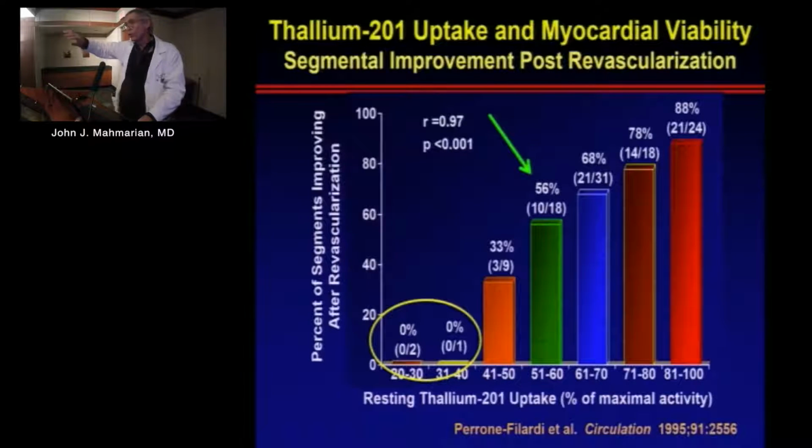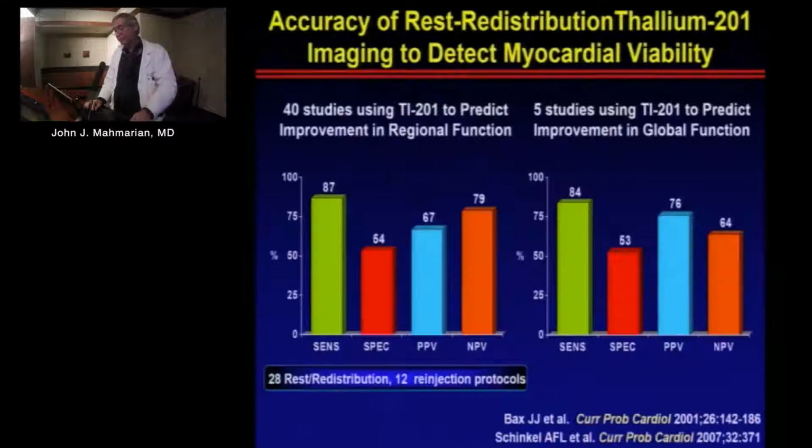As you go up the spectrum to 50, 60, 70, 80% of normal count activity, you lose sensitivity because you'll miss people who are viable, but you'll gain specificity in terms of those who you say are viable will always be viable. So you just have to keep in mind that there's no specific cut point. There's a spectrum in terms of what we use to look at viability in any given patient.